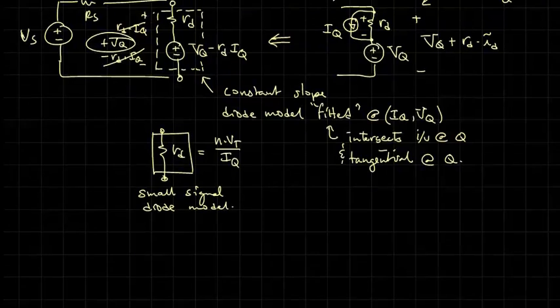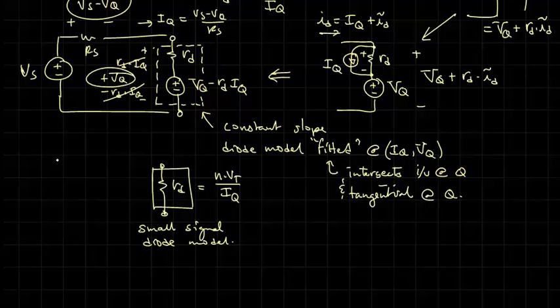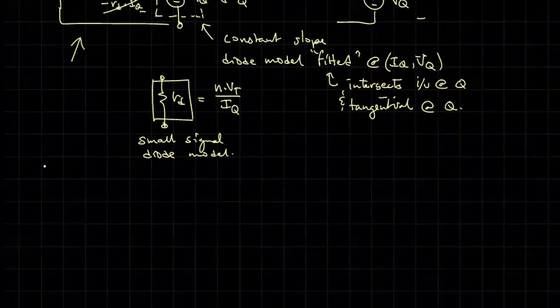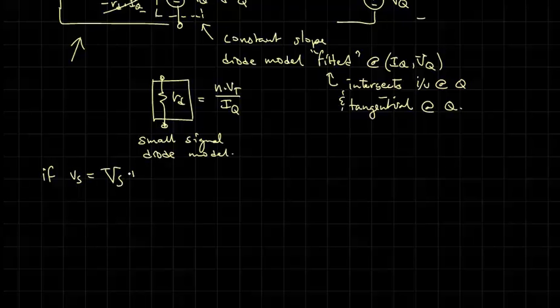Okay, so if we had, for instance, this circuit here, and we asked the question, if Vs is perturbed, so it's some big Vs, plus or minus some little vs. Maybe this is 10 volts, and then this is going up and down by 50 millivolts.